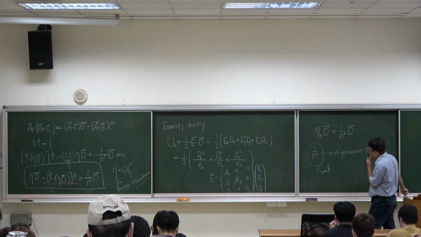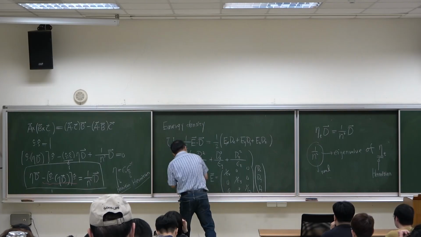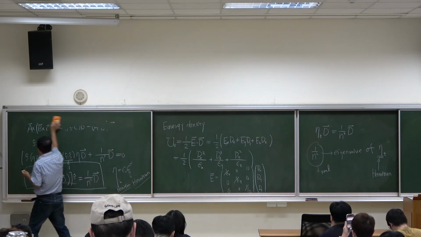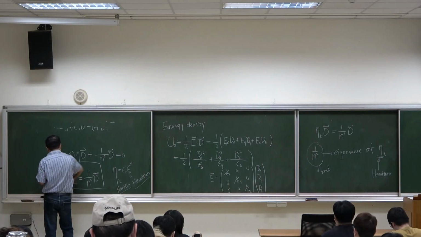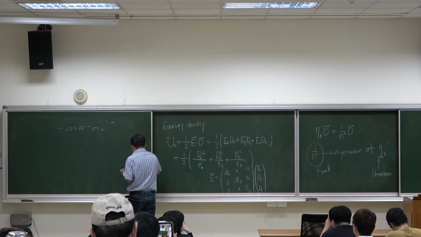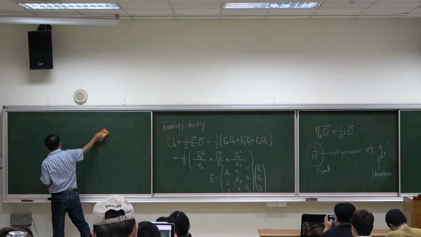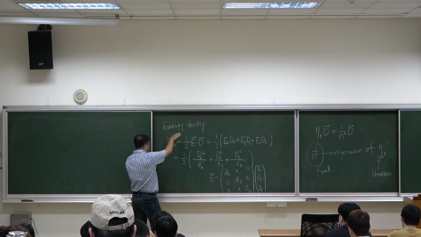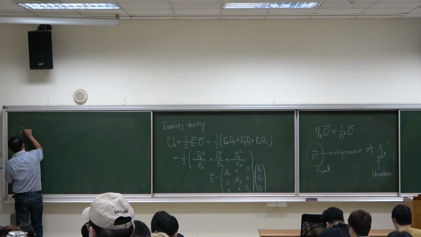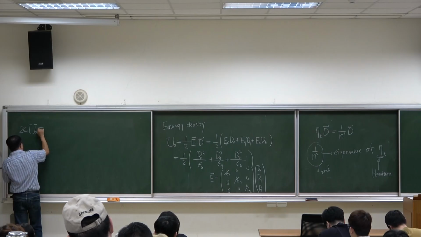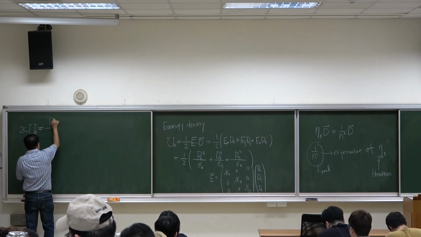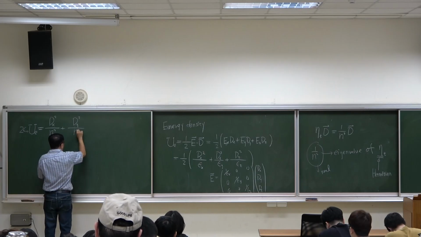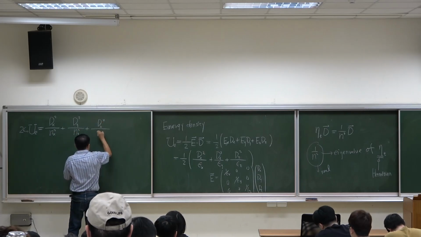Okay? So, 这个我先留着。When I multiply 2 epsilon 0 to this equation, I get 2 epsilon 0 times UE is equal to dx squared over nx squared plus dy squared over ny squared plus dz squared over nz squared.